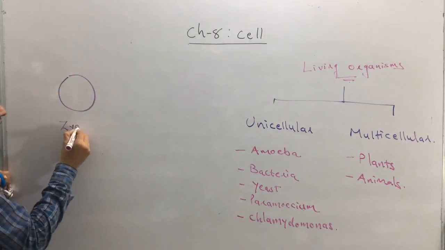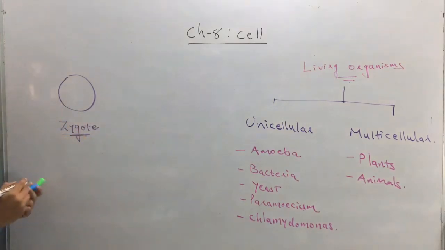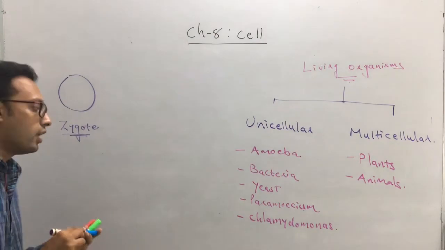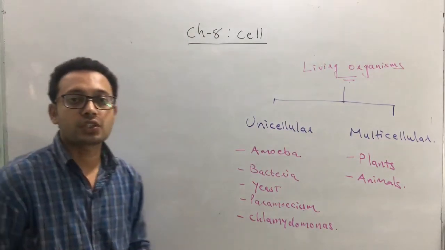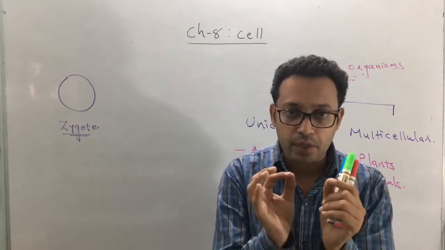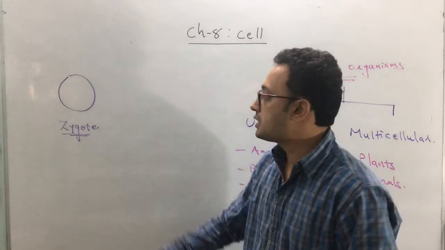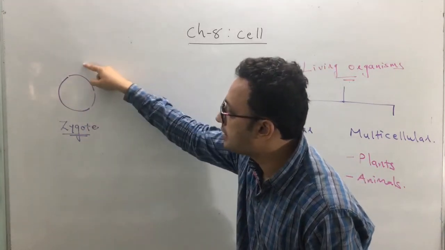I am just drawing a schematic diagram of a cell. This cell from which the life starts is called the zygote. What is it called? Zygote. Remember one thing, every living organism starts its life from a single cell.